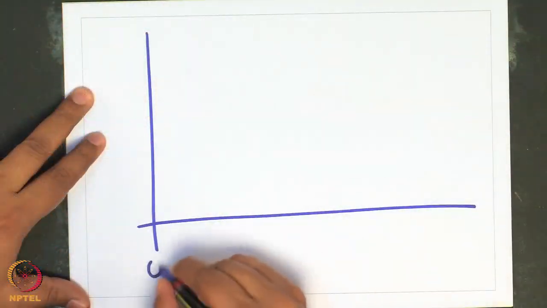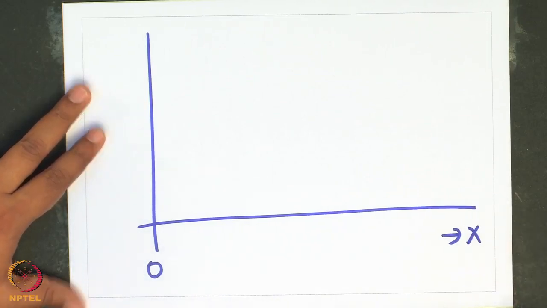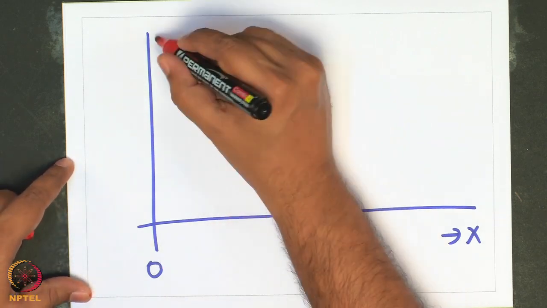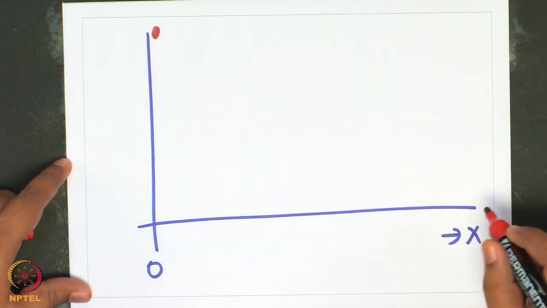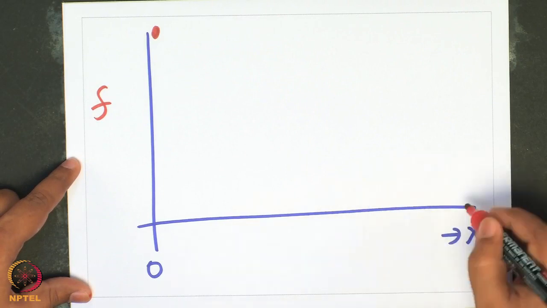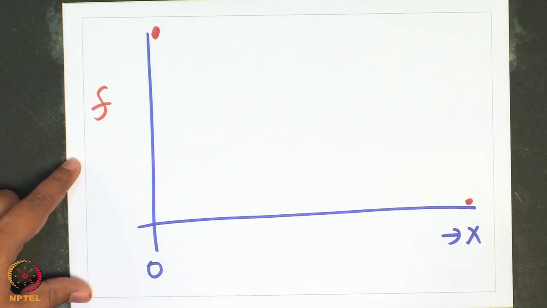If we think about it, let us say we want to draw from 0 to some large value of x. One thing we know is that at a very small value of x, the function has a very large value, and when x is very huge, the function would reach almost 0.